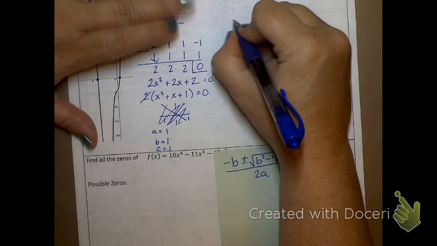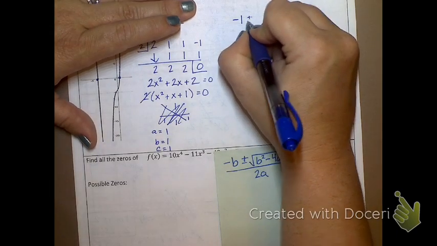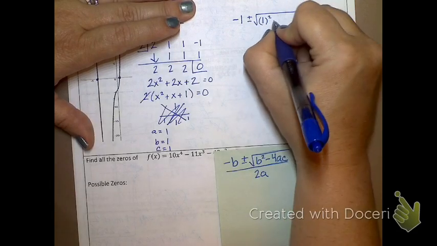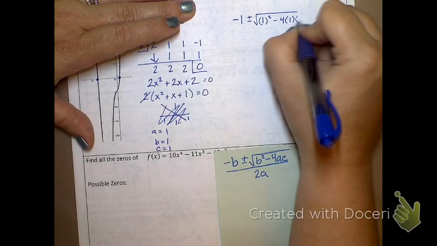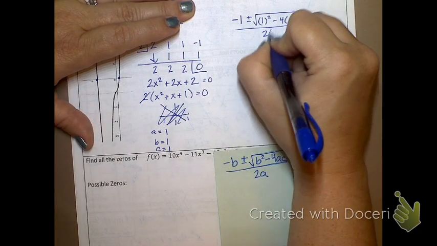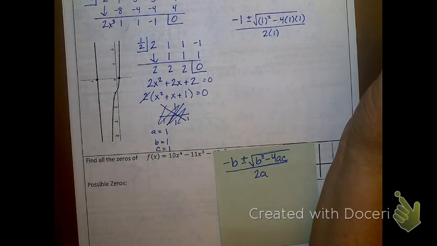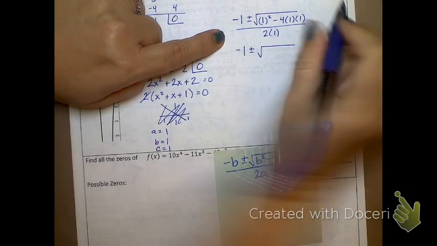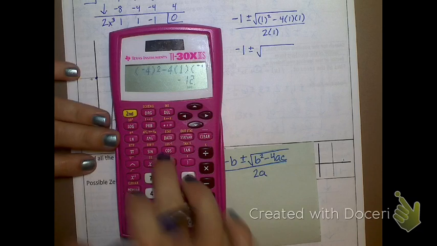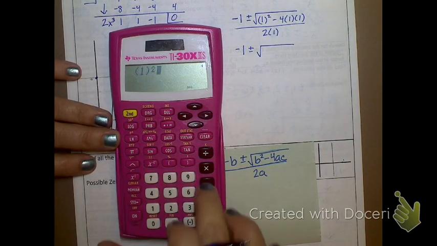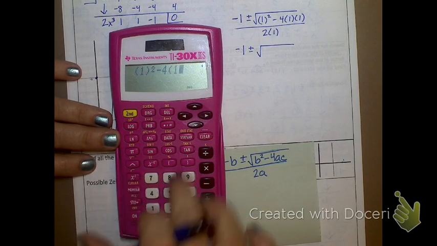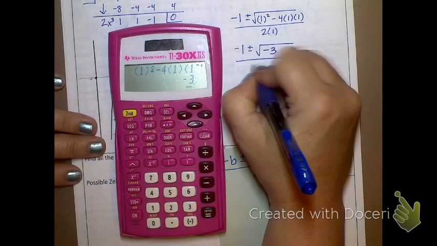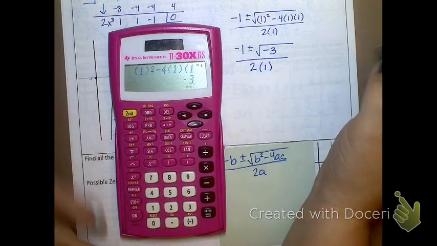So, -1 plus or minus the square root of 1 squared minus 4 times 1 times 1 all over 2 times 1. -1 plus or minus the square root of 1 squared minus 4 times 1 times 1 is -3, all over 2 times 1.